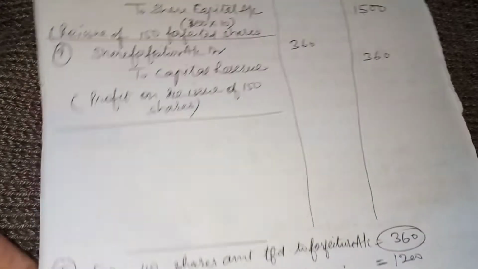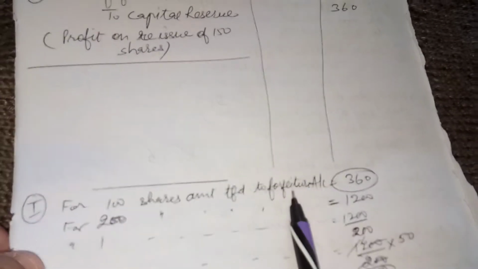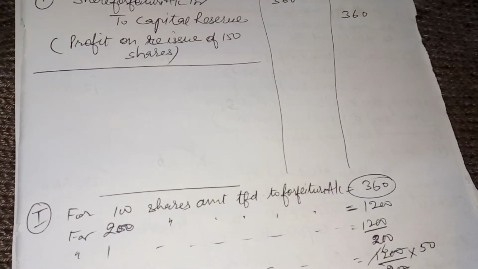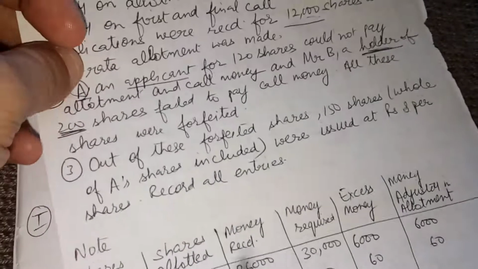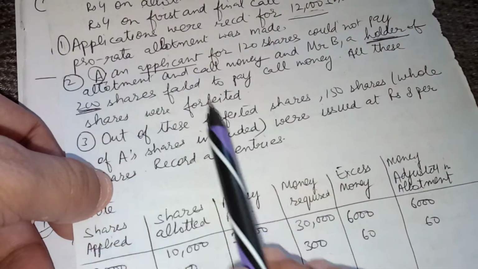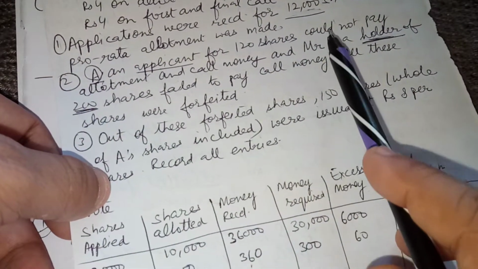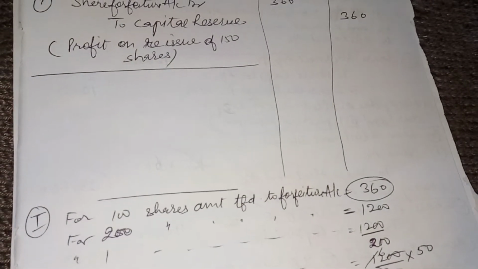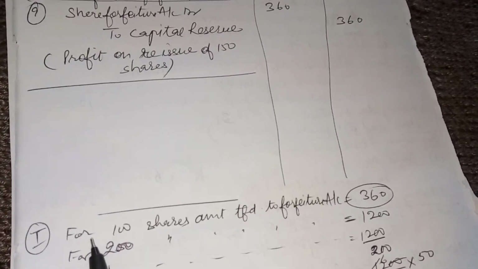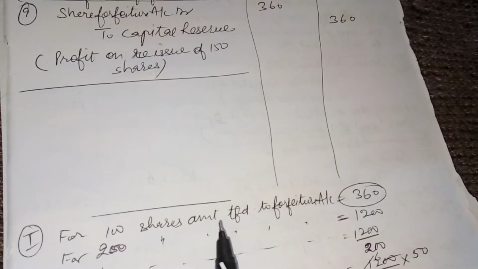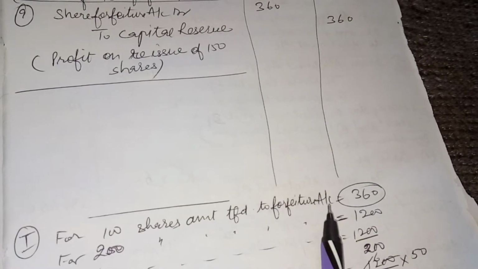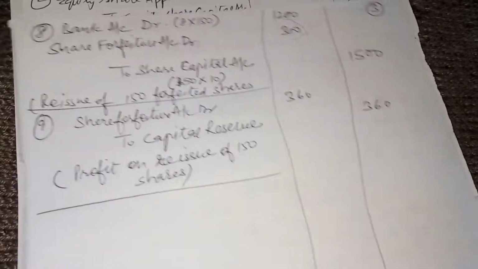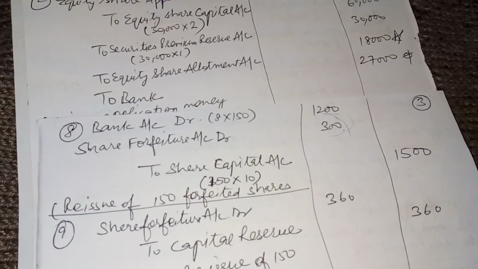Now the profit, how we will calculate, let us check. A's shares are completely included, and 50 shares out of B's shares are taken. So let us calculate. For 100 shares, the amount transferred to forfeiture account is 360 rupees.